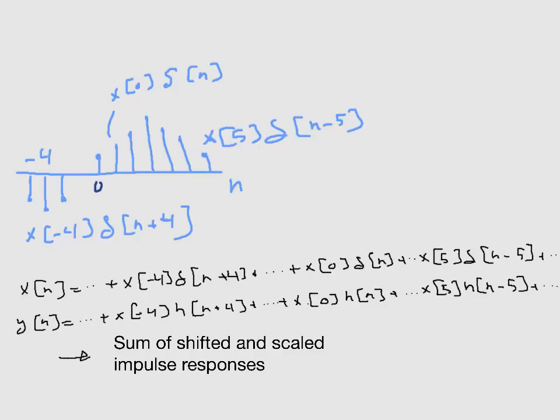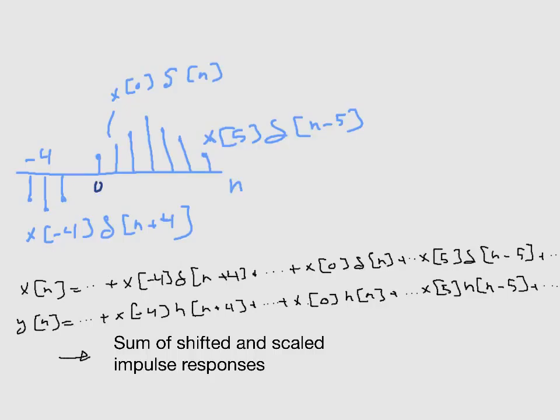I can take each of these values in the input sequence and multiply it by the delta function shifted to the same place as the sample value. This way I can view x[n] as being composed of a large sum of scaled and shifted impulses.